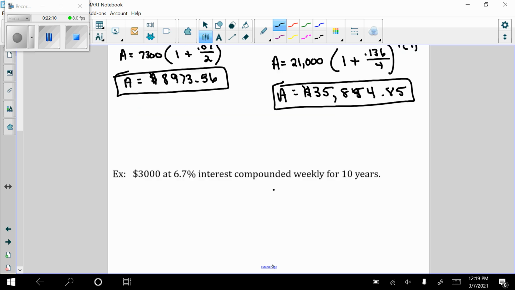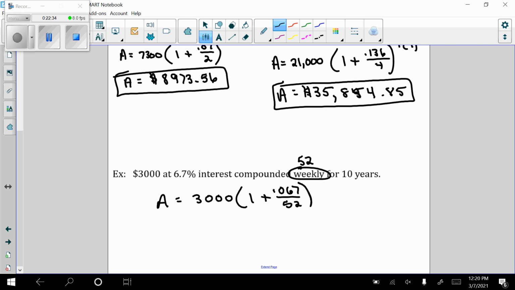Okay, so this one, we have $3,000 at 6.7% compounded weekly. There's 52 weeks in a year for 10 years, 520 times. So 3,000 times 1 plus 0.067. Make sure you're changing your percentage rates correctly to decimals.